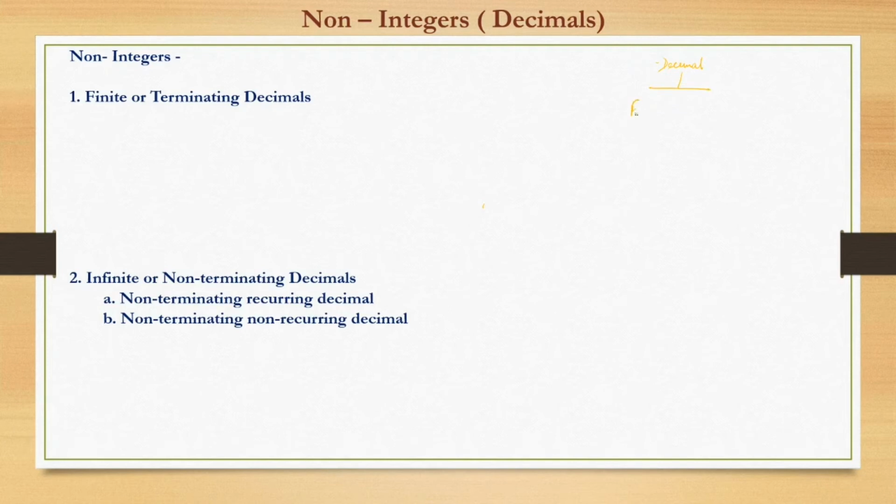One is finite, another is infinite. Finite or terminating decimal, infinite or non-terminating decimal. What is a finite or terminating decimal? As I discussed earlier, finite or terminating decimals are those decimals which have a finite number of digits after the decimal.